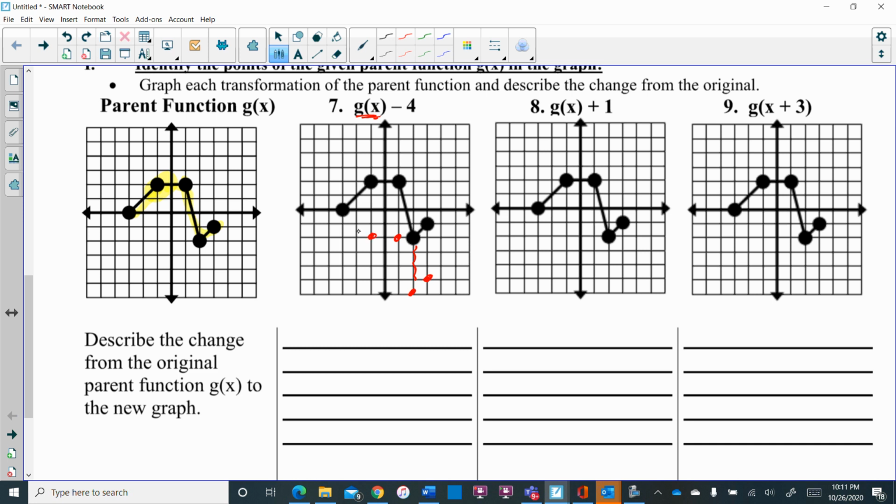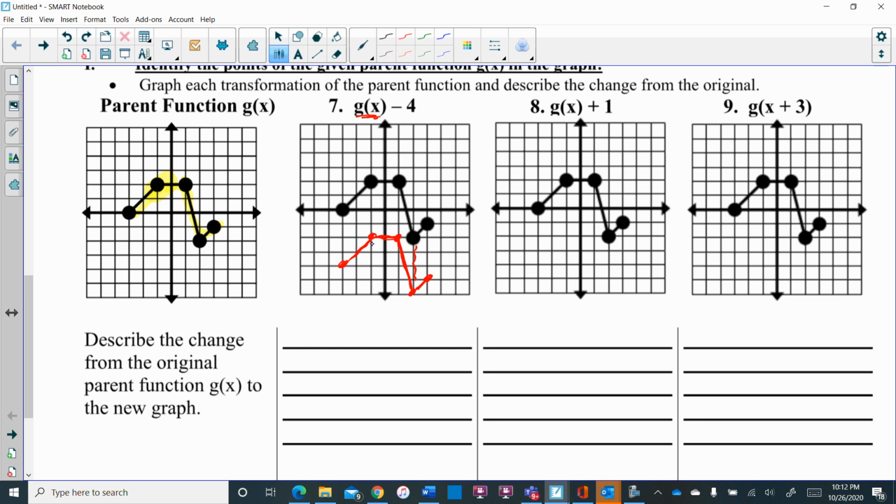That would be here. That would be here. And then we're just connecting, and it should have the same shape. Because if I'm just shifting up or down, a translation keeps the size and shape. Nothing changes unless it's a dilation, not until we are multiplying.